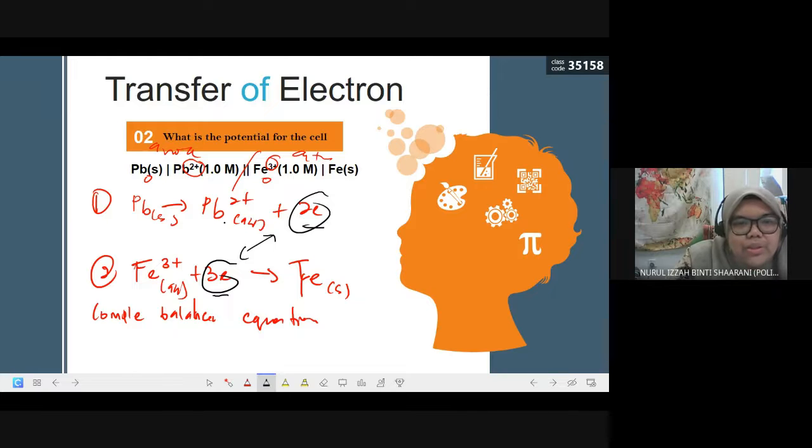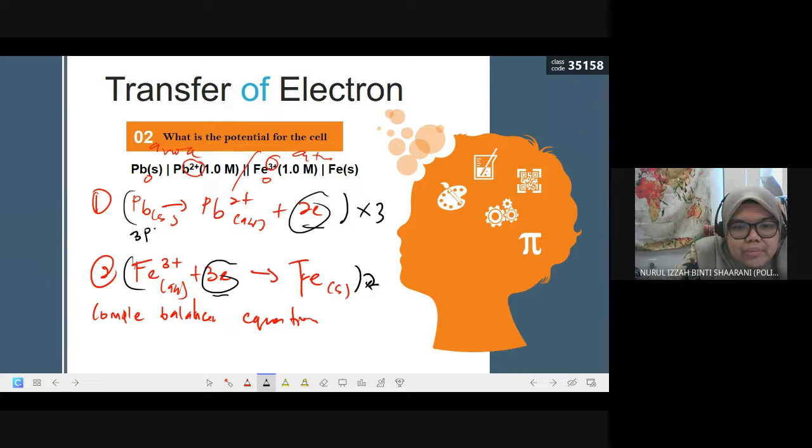So what you can do is you times by 3 here, and you times by 2 here. If you times by 3, that means all the elements that you have in the equation need to be times by 3.